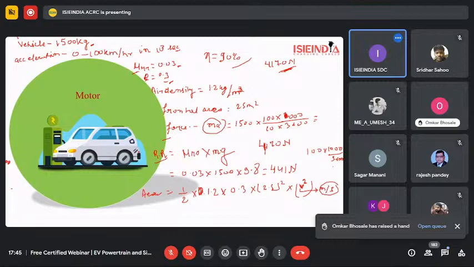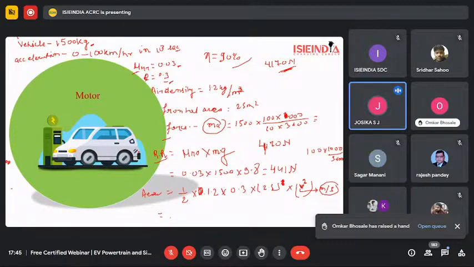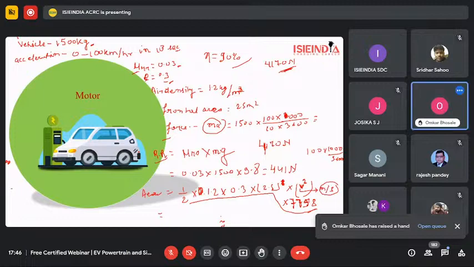Can anyone say? Yes, V square is 771.58.